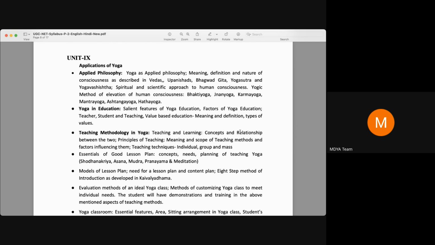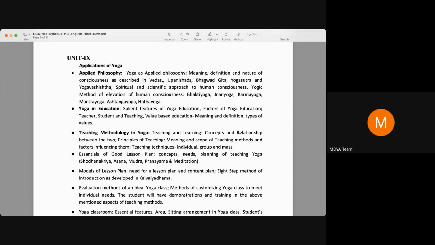Means what is the concept, what is the need of teaching that subject, that topic, or the particular practice, whether it is asana or pranayam or mudra or anything, or meditation. All planning should be done in a particular lesson plan, and it includes, like here it is written, Shodhan Kriya, maybe asana, maybe any particular mudra or pranayam or meditation.